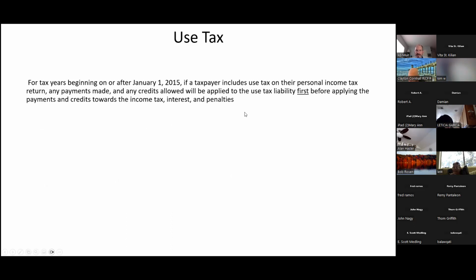And then use tax. I don't see this very often, but it does exist. And it's a question that you're familiar with if you've been in the VITA program. And so I'll use an example. Let's say you purchase a recreational vehicle in South Dakota, and you pay 5% sales tax on that recreational vehicle.